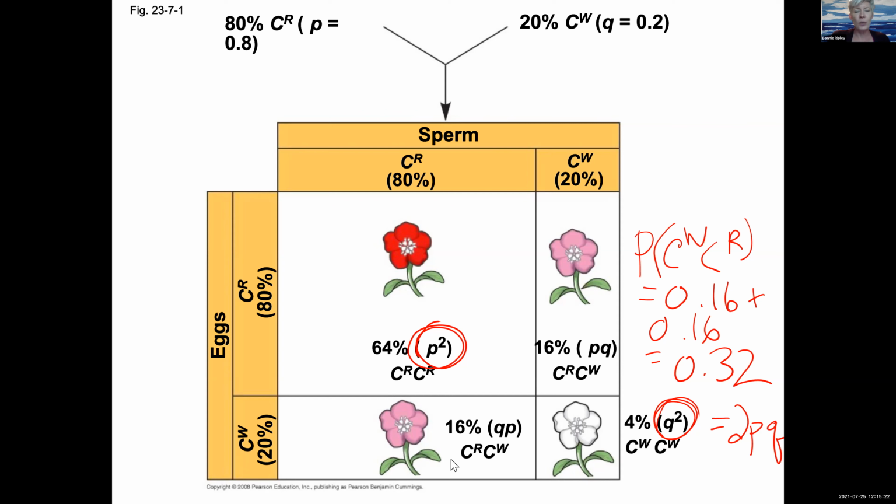This gives us a way to test and see if our genotype frequencies changed from one generation to the next, right? We can also test to see if our allele frequencies change from one generation to the next. We aren't going to do some real sophisticated math.